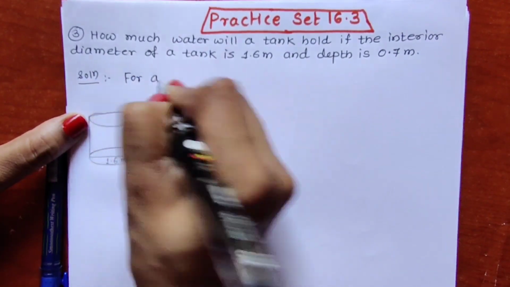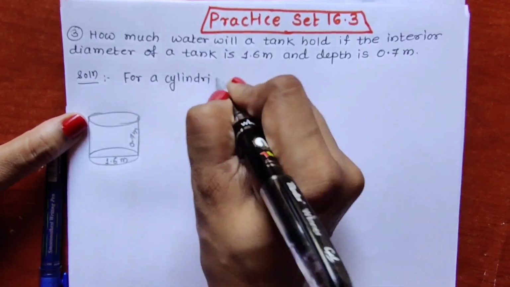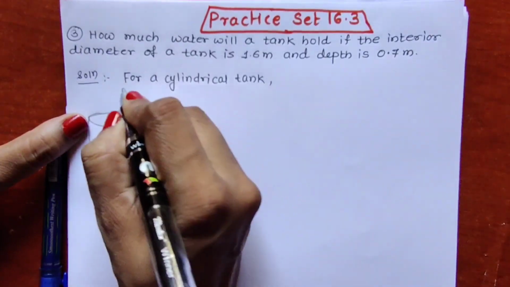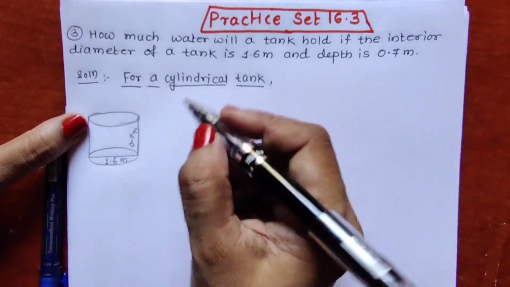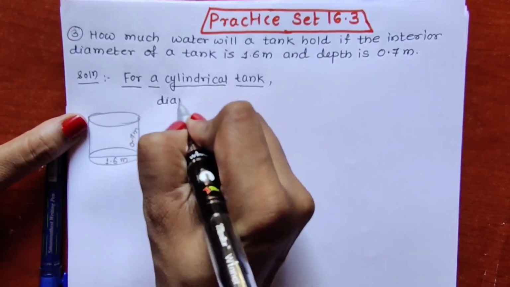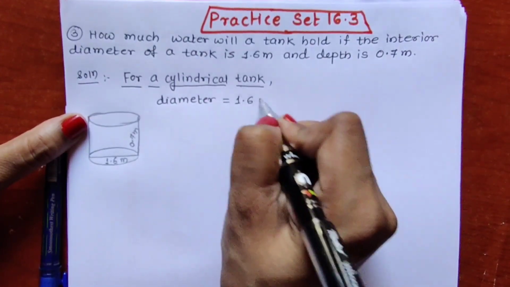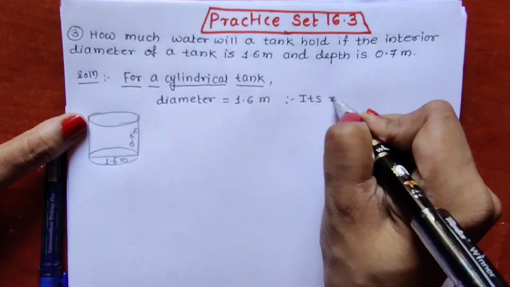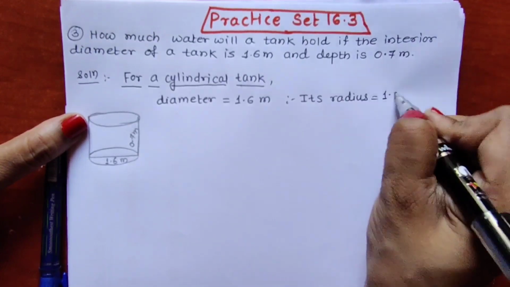For a cylindrical tank, diameter is equal to 1.6 meter, and therefore its radius is equal to 1.6 upon 2.